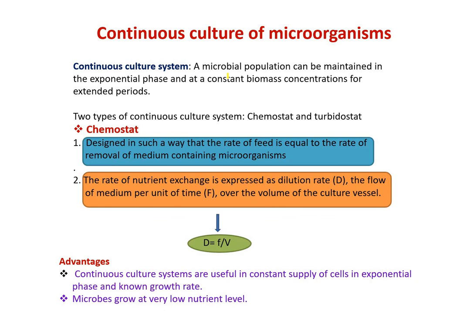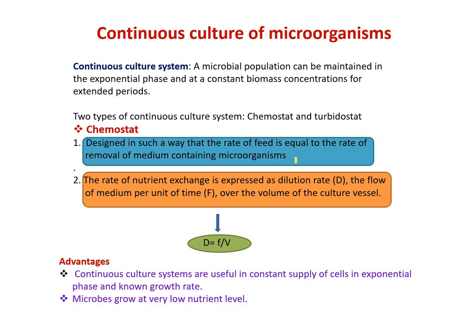Two types of continuous culture systems are chemostat and turbidostat. When we talk about the chemostat, it is designed in such a way that the rate of feed is equal to the rate of removal of medium containing microorganisms.